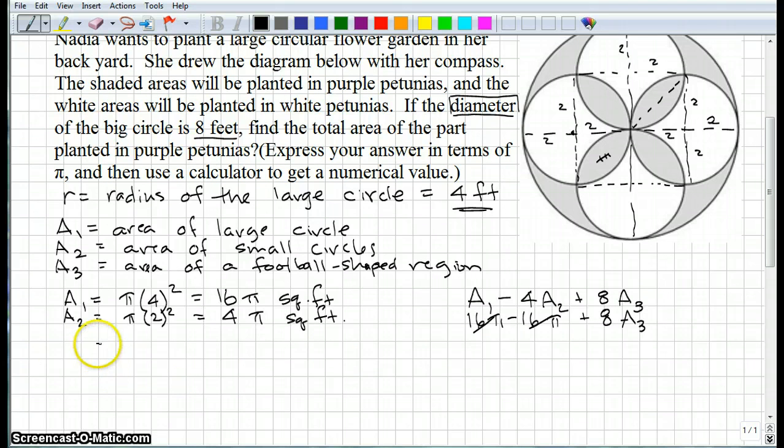Let me see if I can draw reasonably straight lines. Alright, so there's a square, and I'm going to divide it in half, and this is what half of that football shape looks like. So it's this arc here.